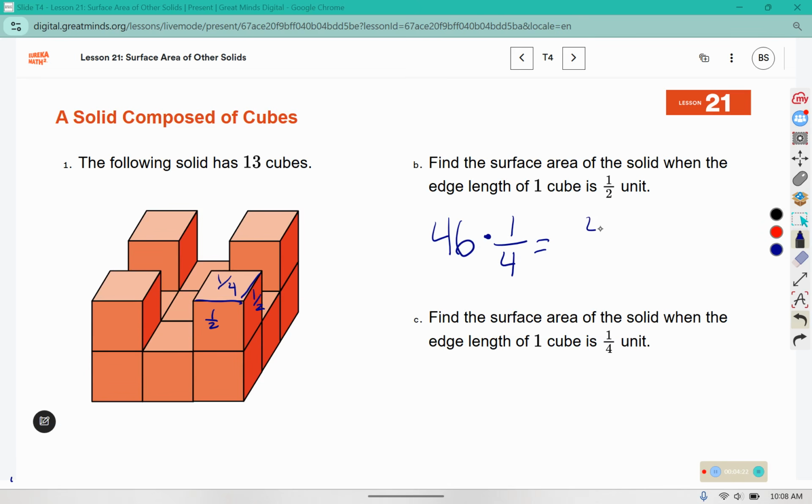So that would be 46/4. 4 fits into 46 11 times. That would be 44. So to get from 44 to 46, we would need 2 additional parts. And that can be reduced to 11.5 units squared.